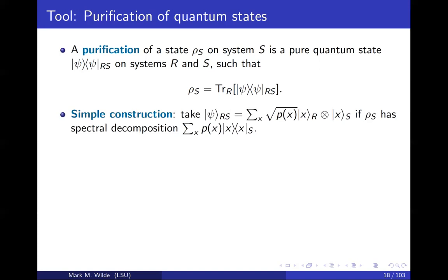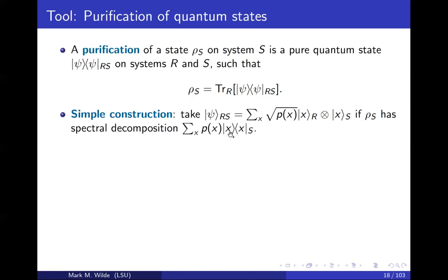What is a simple way to construct a purification of any density operator? You can do it according to the standard recipe. Suppose that rho_S has a spectral decomposition of this form. The p_x are the eigenvalues, the kets |x> are the eigenvectors, and these are the eigenprojections.